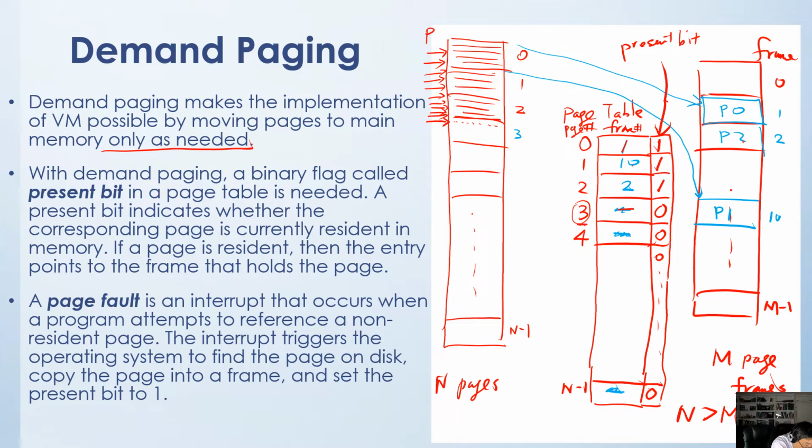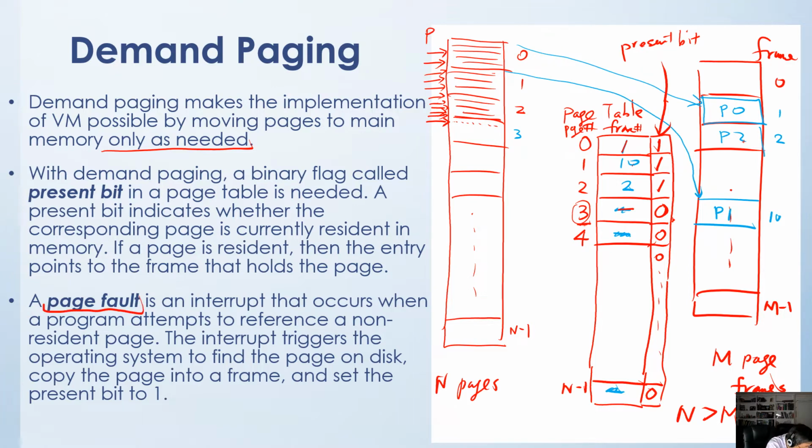It checks page 3, first checking the present bit, and the present bit says 0. That means this page hasn't been loaded into the physical memory yet. Now there's going to be an error. This is called a page fault.